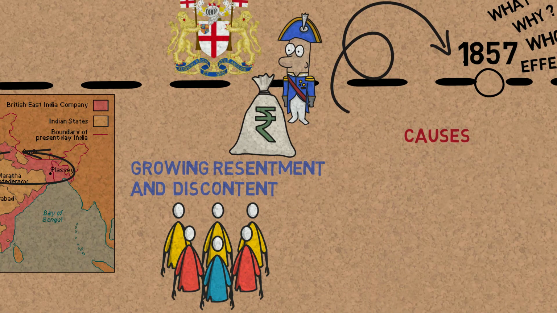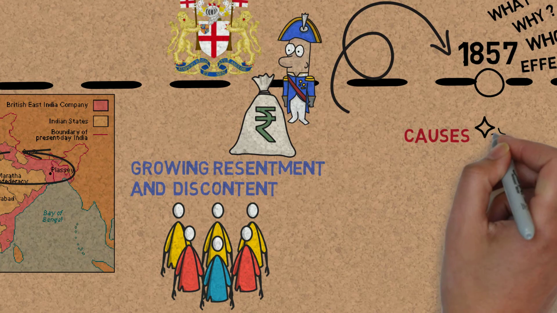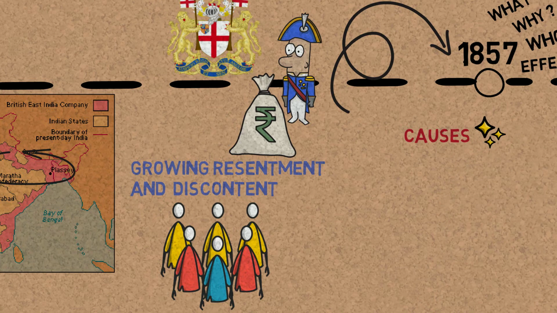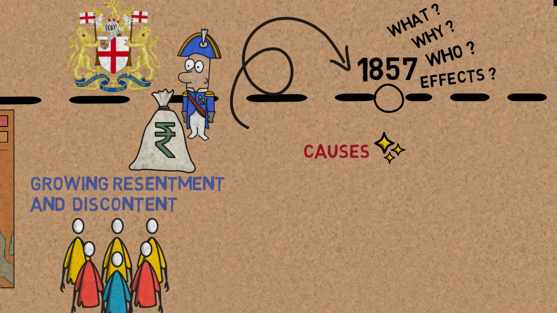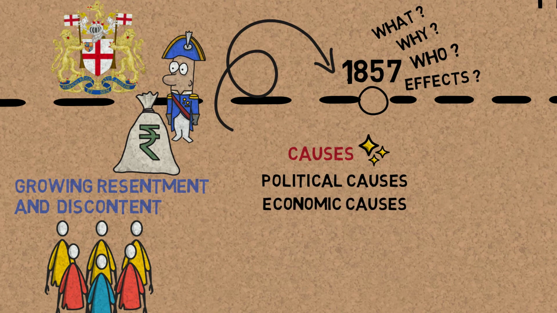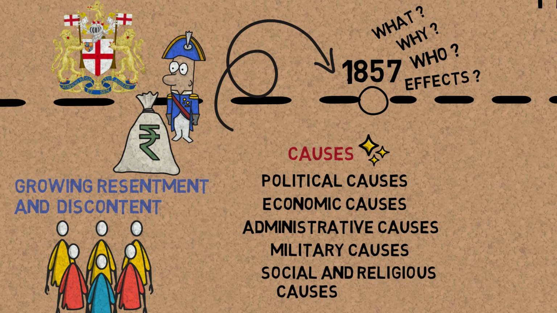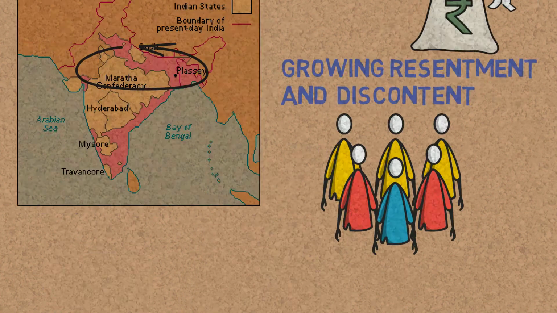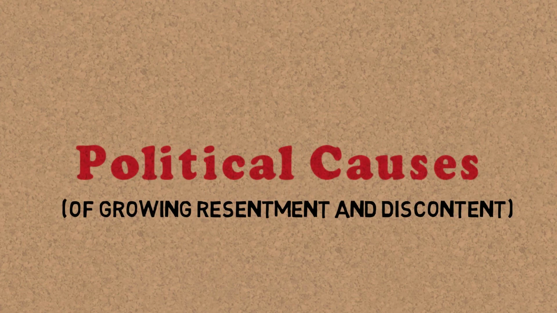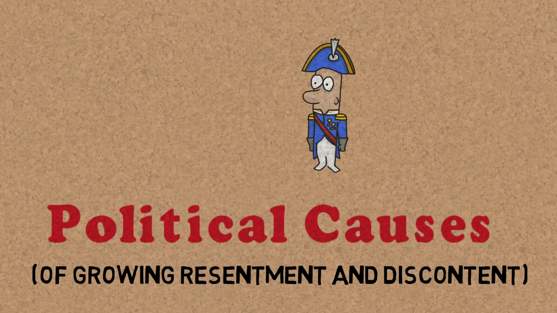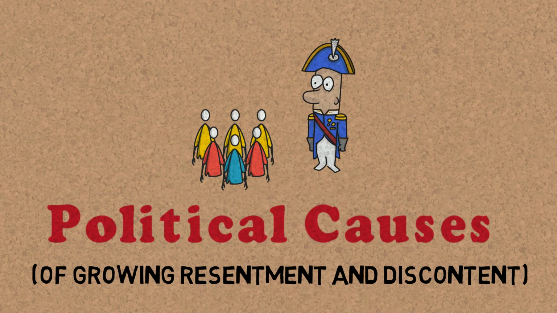So let's see the causes of this rebellion in detail as they are important from the exam point of view. The causes can be classified as political causes, economic causes, administrative causes, military causes, and socio-religious causes. Let's see the political causes first. In order to gain control over the Indian territory, the British used various policies to subjugate the Indians.